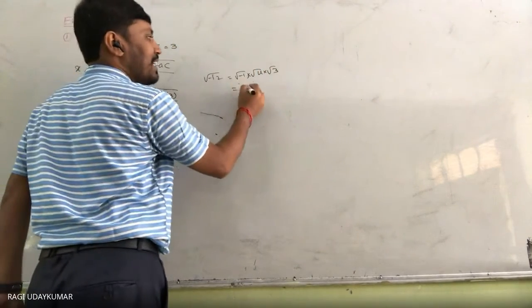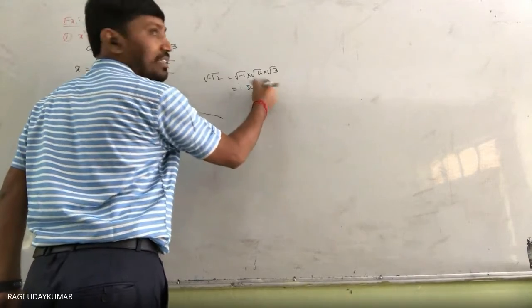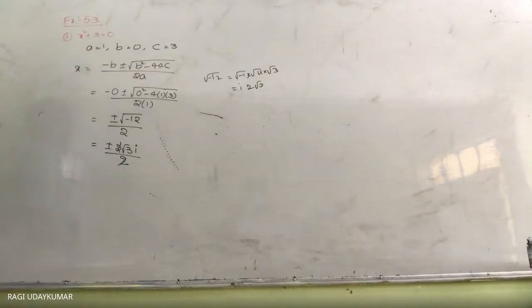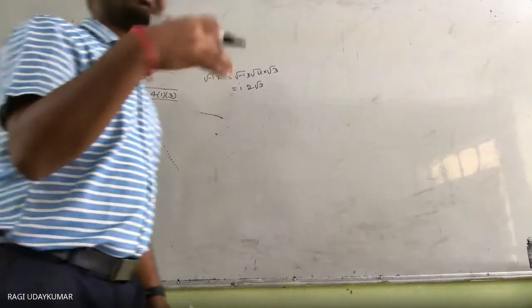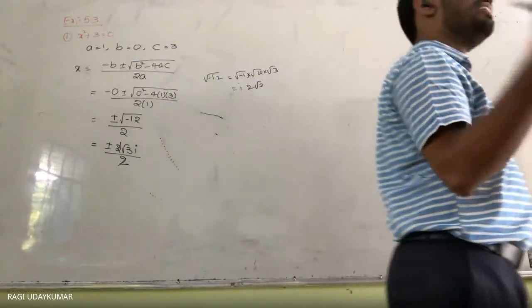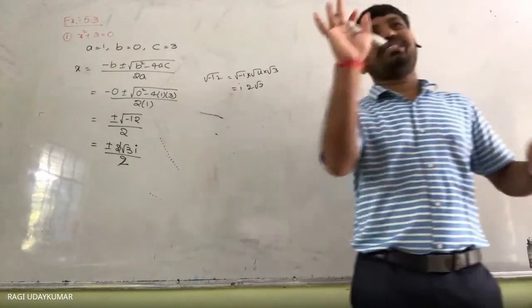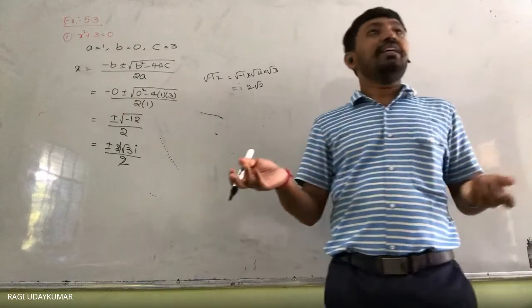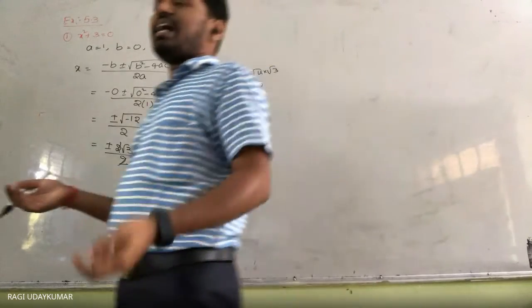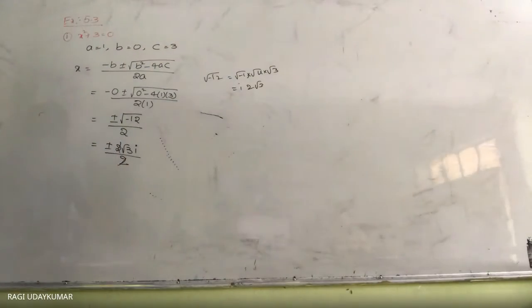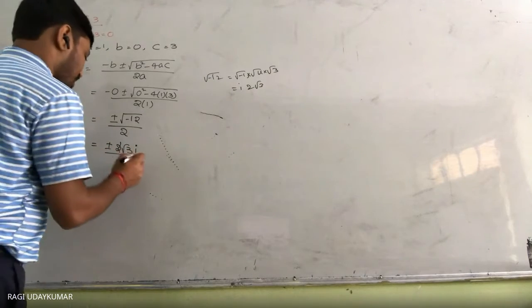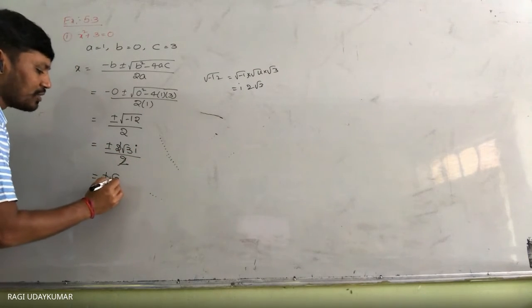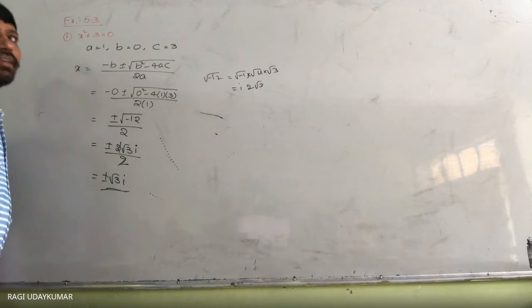So this is i, this is 2, this is root 3. Wherever you see root 12, you should get 2 root 3 in your mind a little faster. Root 8 gives 2 root 2. These are simple changes, because as you have crossed class 10, you have to keep all these things in mind. The 2 will get cancelled, so we get plus or minus root 3 i.